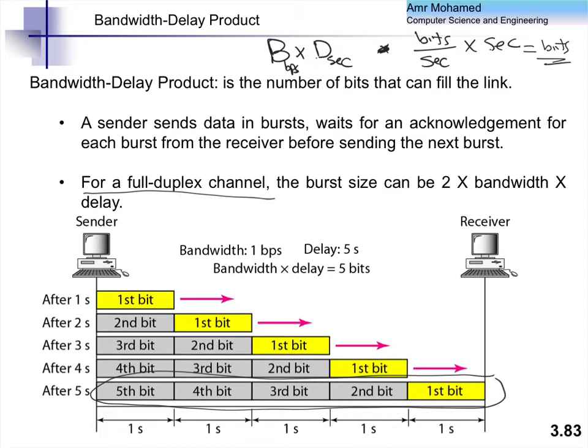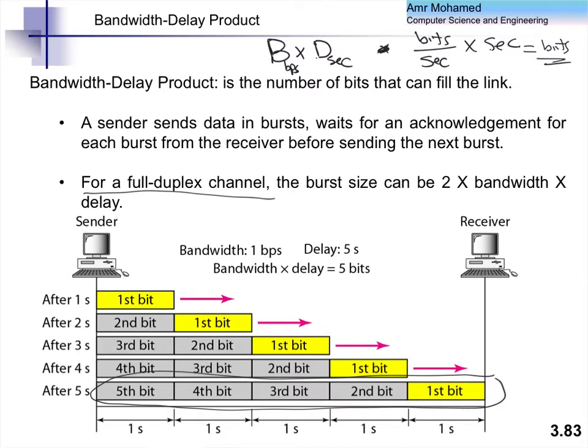So for a full duplex channel, what does that mean? It means you have concurrently the transmission happening in both directions at the same time. In that case, the bandwidth delay product becomes 2 times the bandwidth times the delay, because we're talking about full duplex transmission.